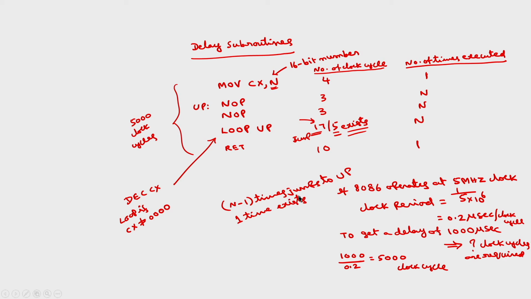Okay. So, then the total delay of this program is number of clock cycles into number of times, plus this number of clock cycles into number of times, number of clock cycles into number of times. So, like that you have to add.